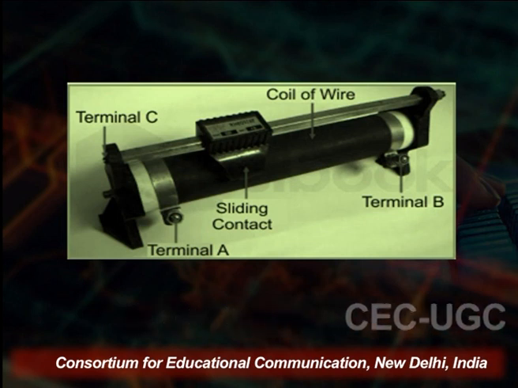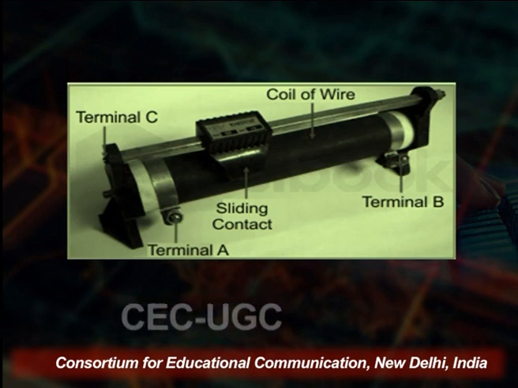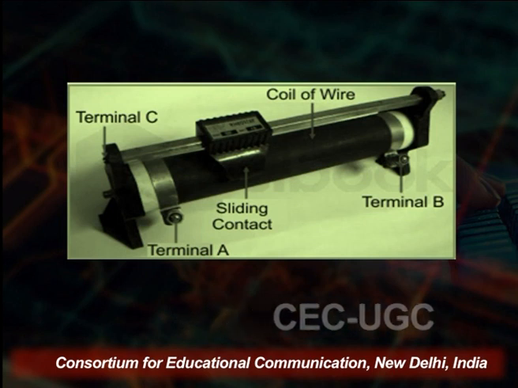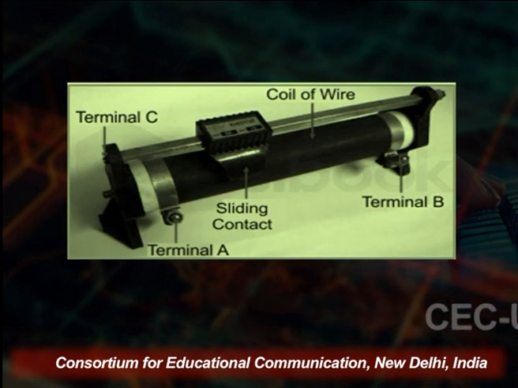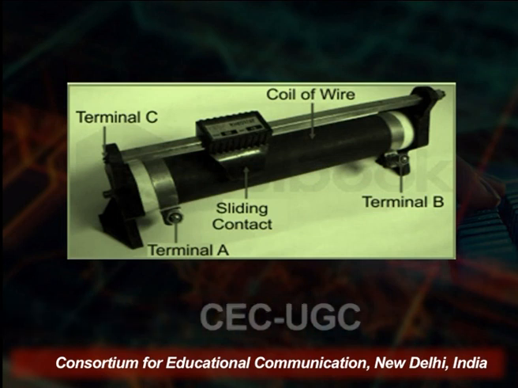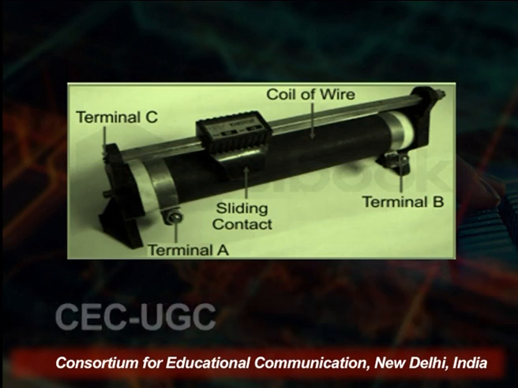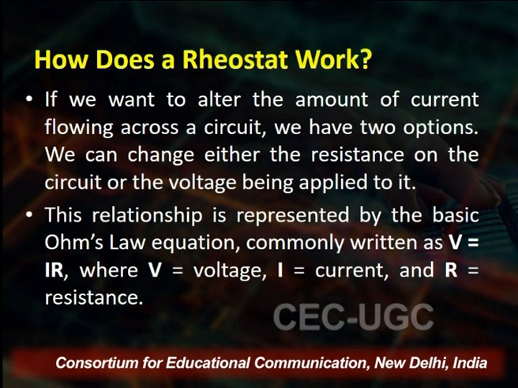Here it has 3 terminals: terminal A, terminal B, terminal C, and the coil wire, and above it we have the slider. This slider contact moves left hand side and right hand side, which controls the resistance, and on the basis of that we can block and allow the flow of the current in the circuit.